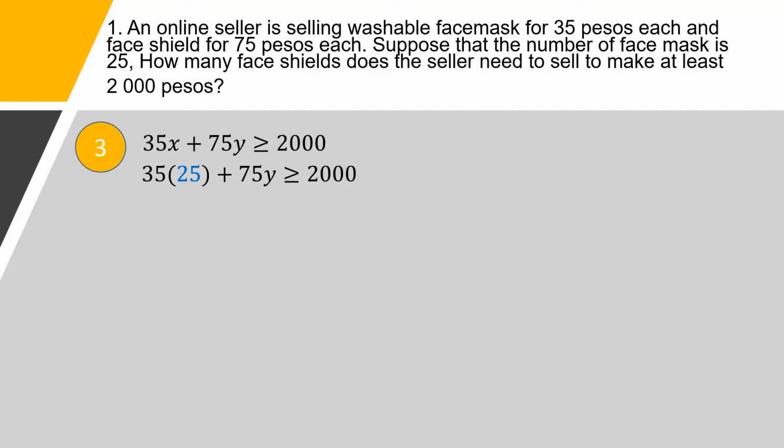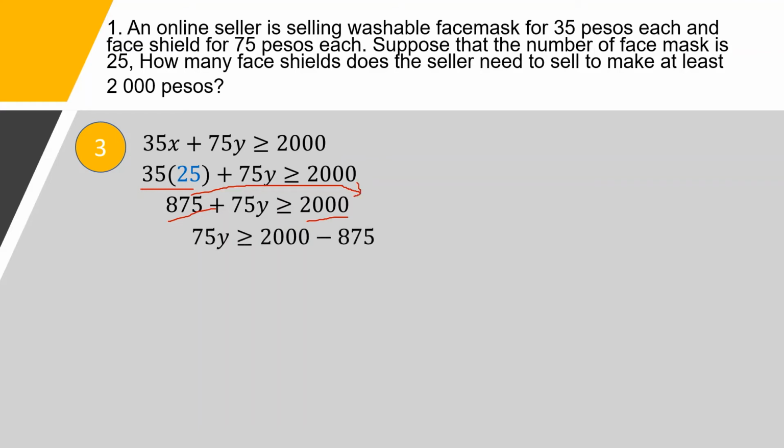So, multiply 35 and 25 will give you 875 plus 75y is greater than or equal to 2,000. Now, combine 875 and 2,000 by subtraction property, or in other words, ililipat lang natin yung 875 to the other side of the inequality.